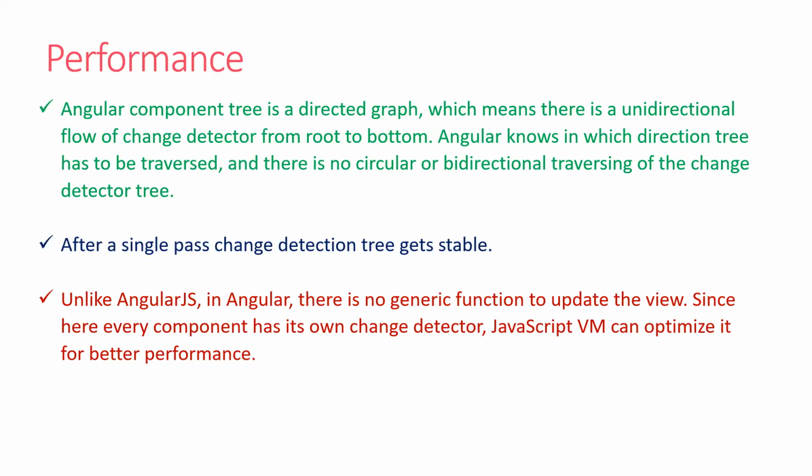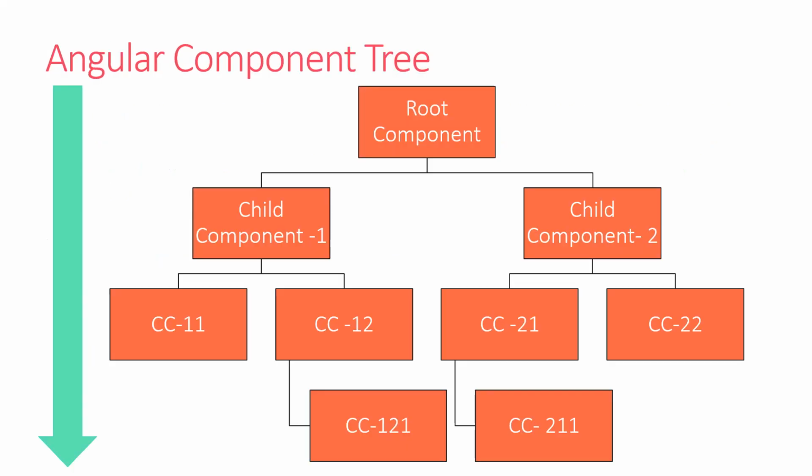If we click the button in CC211, the change detector of the root component, child component, CC21 and all of them are called. If you click the button of CC211 at the bottom, then the whole tree's change detector is performed. Yes.